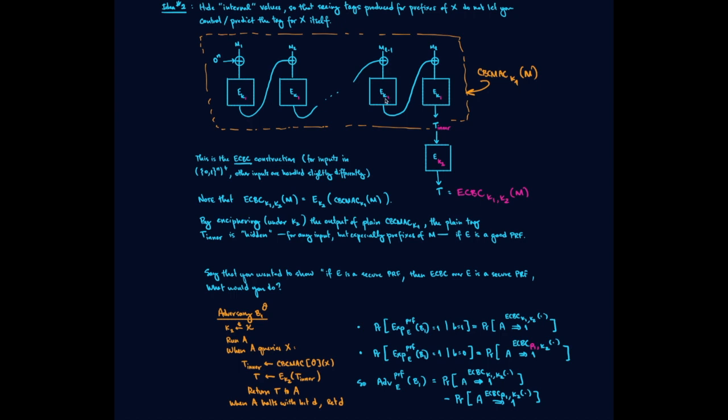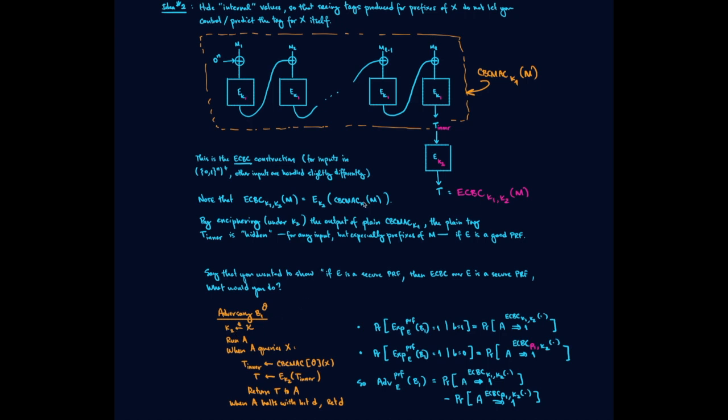We want to make it so that if the oracle that B1 gets is the real thing, if it is E sub K1, then we perfectly simulate the real construction. So when our oracle is real, we want to simulate the real thing. How do we do that? Well, we just pick a key K2 ourselves, uniformly at random.